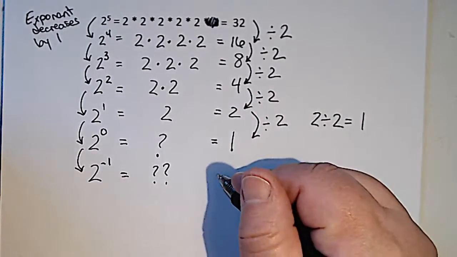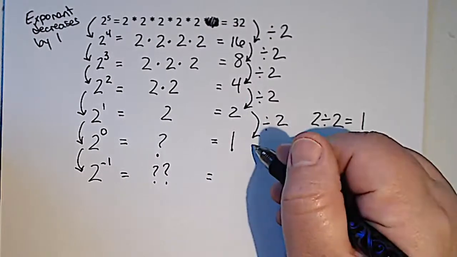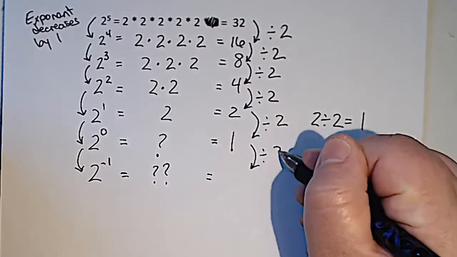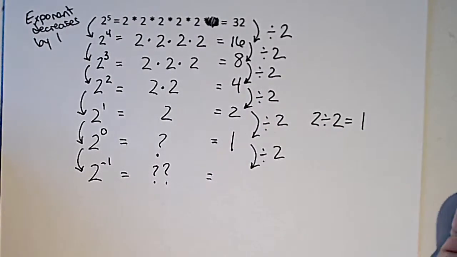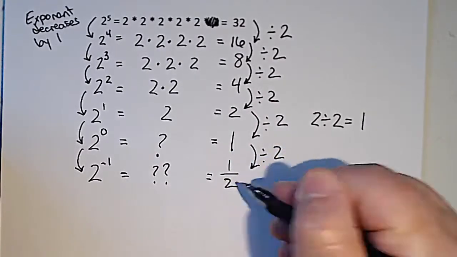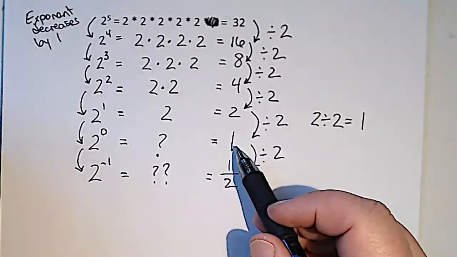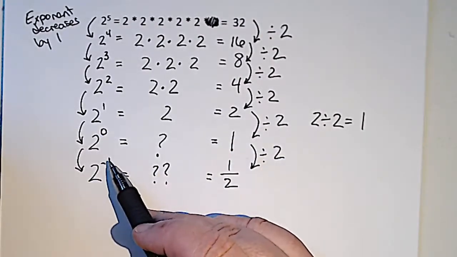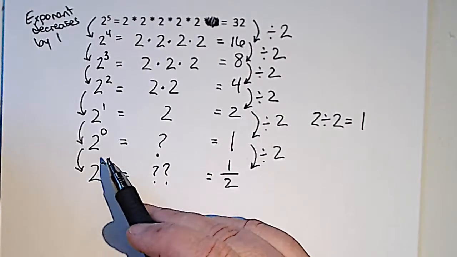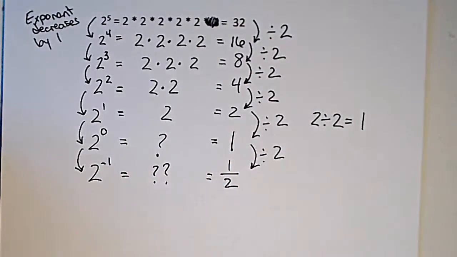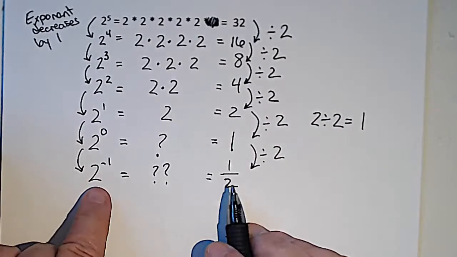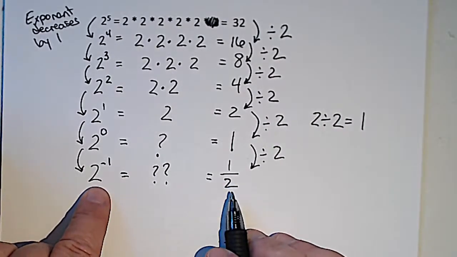It's starting to get weird. But over here, the pattern is I just divide by 2. What's 1 divided by 2? It's 1/2. Now here's where things get interesting. 2 to the 0th is 1. 2 to the negative 1st is 1/2.